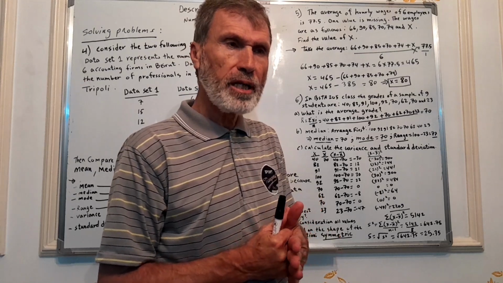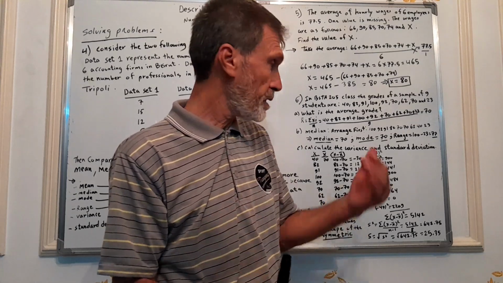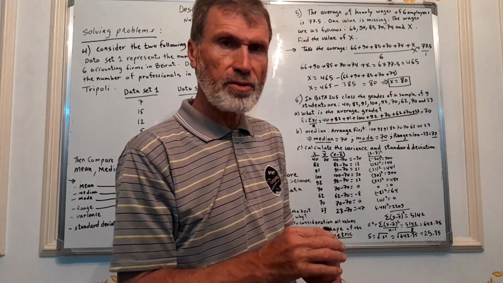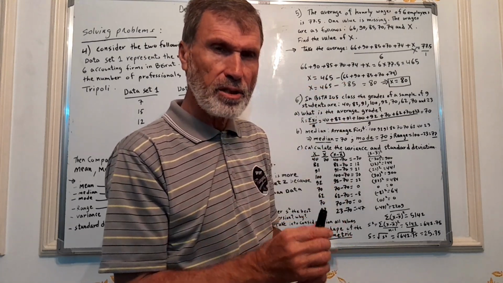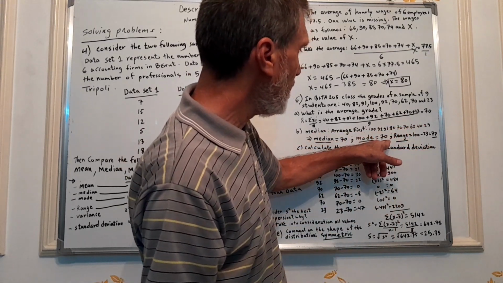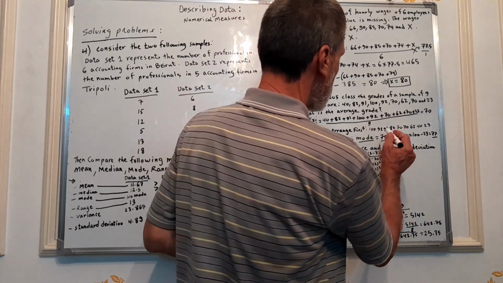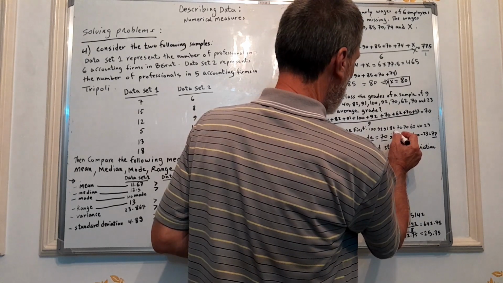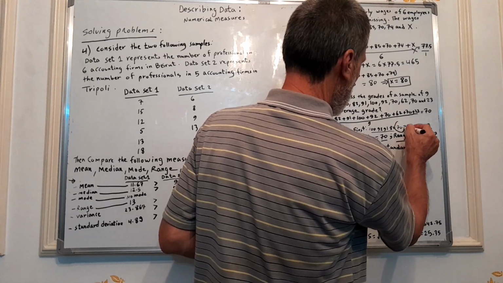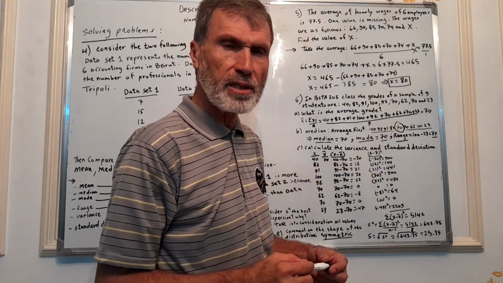So what we do is take the center of the data, the middle value, which as you can see is 70. 70 is the median, the center of the data.